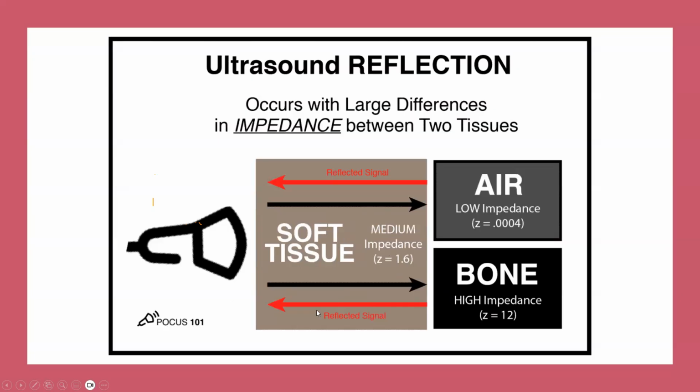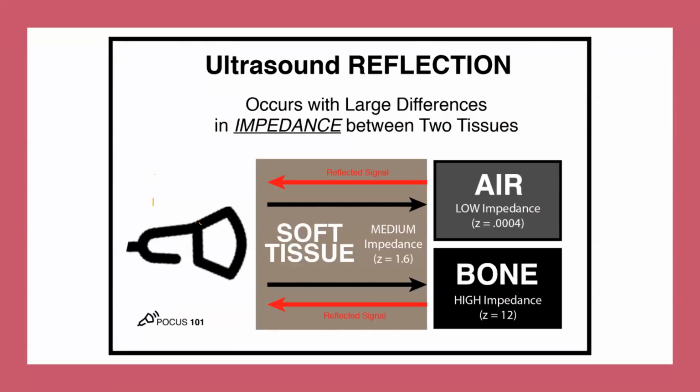A simple example is when you do a lung ultrasound, you put the ultrasound probe over the ribs, with soft tissue on top of them. The velocity through the soft tissue is higher, but the high impedance of bone will cause reflection. And hence, that is why the pleura appears bright, and the ribs tend to appear bright.